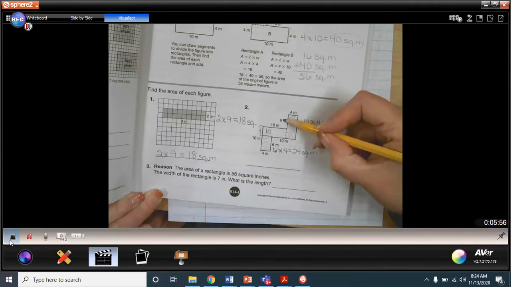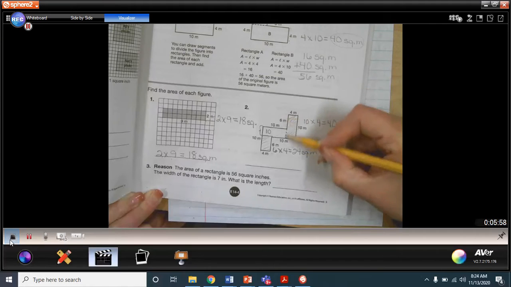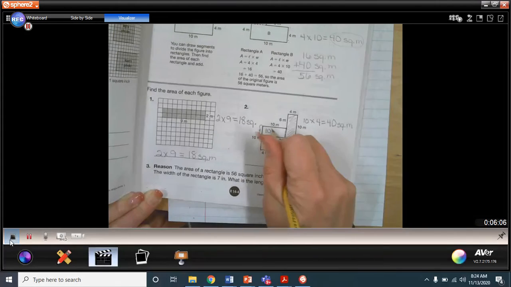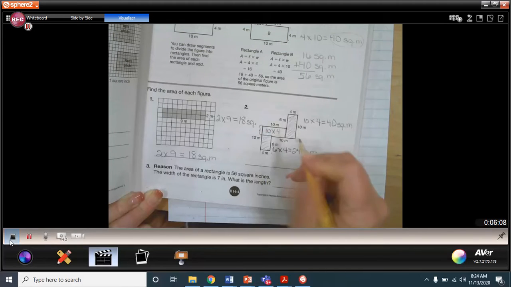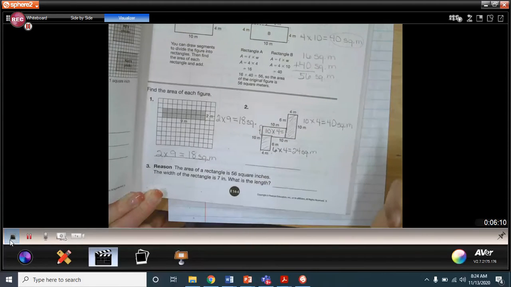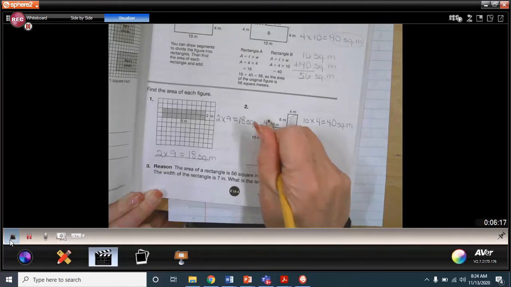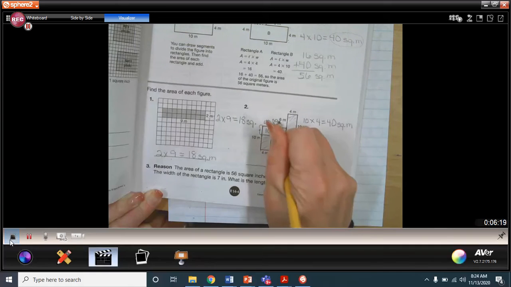And if I were to take this 6 meters and add on 4 more right here where I partitioned, this would also be 4 from here to here. So this is another 4 rows with 10 in each row, and that's also going to give me 40 square meters.